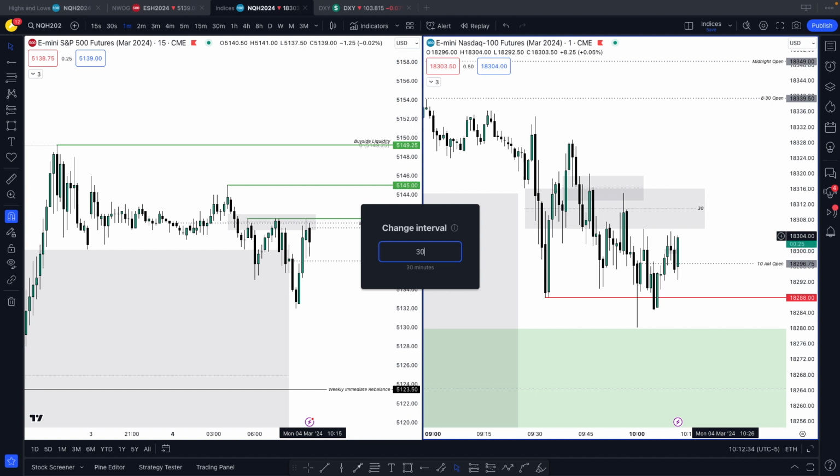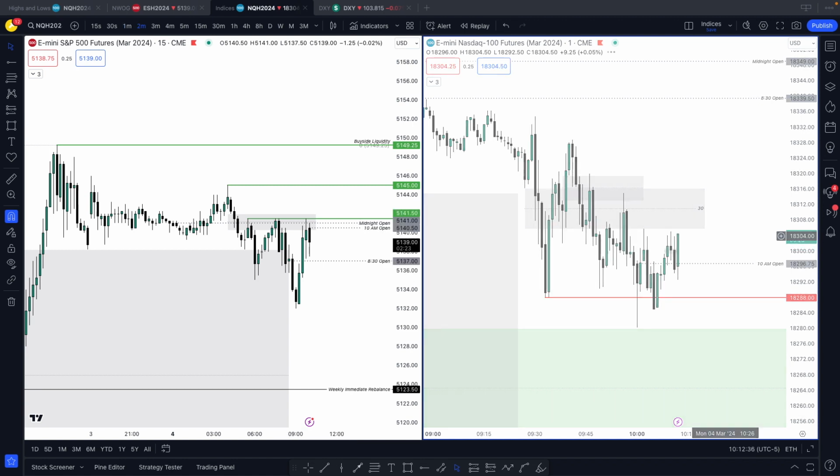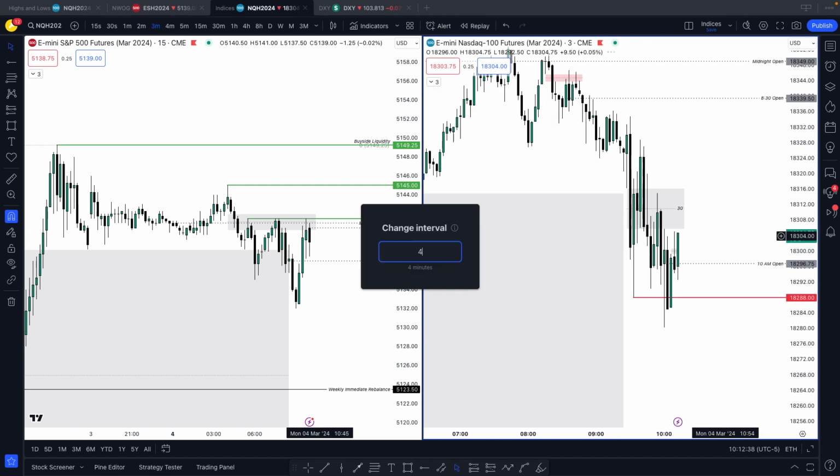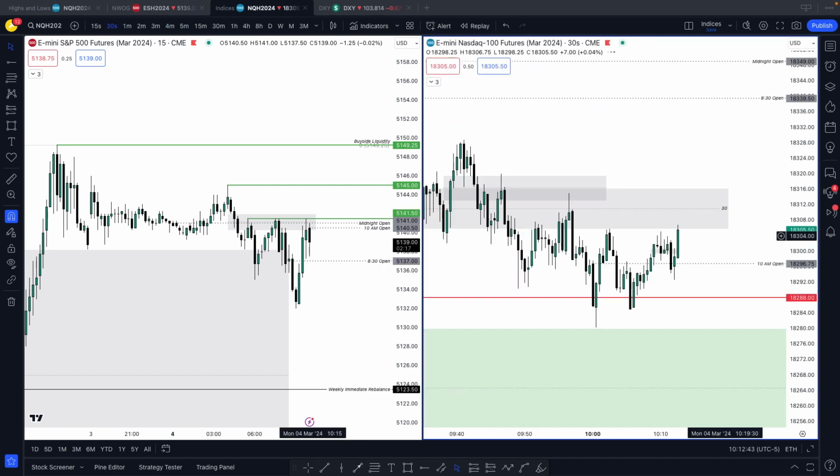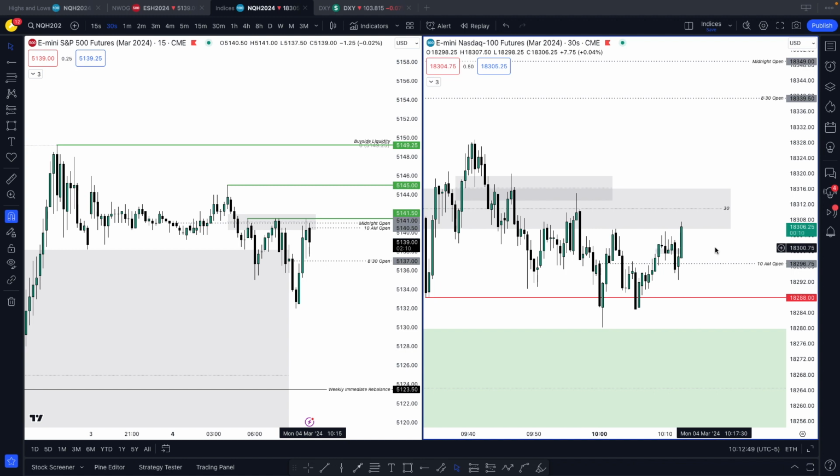Okay, back below the 10 a.m. opening price there. And now we're reaching up for that high. So back into that area of inefficiency on the 30-minute.